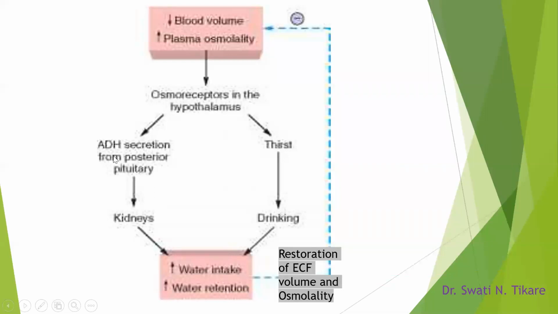One is they stimulate ADH secretion from the posterior pituitary, causing reabsorption in the kidneys, so there is increased water retention. Similarly, they also stimulate the thirst center and there is increased drinking. This also results in increased water intake and water retention.